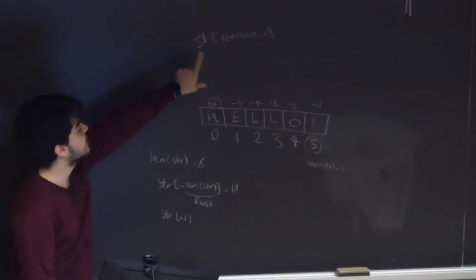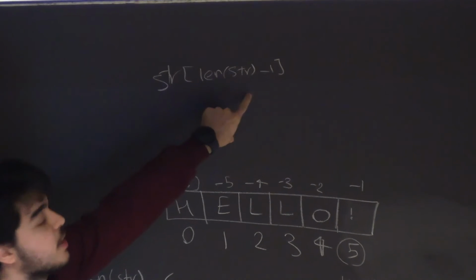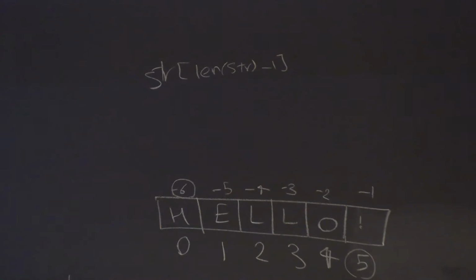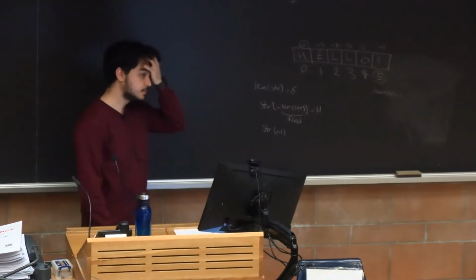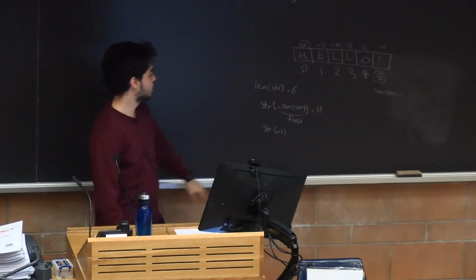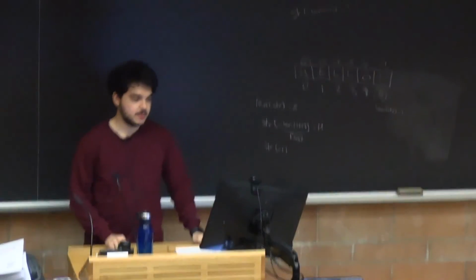Yeah. So this is saying string, and you're indexing at the len str -1 position. Len of string is 6 and 6 minus 1. Exactly, so you're referring to the last string. Or you can just say -1. That's easy. Anyways, let's move on.